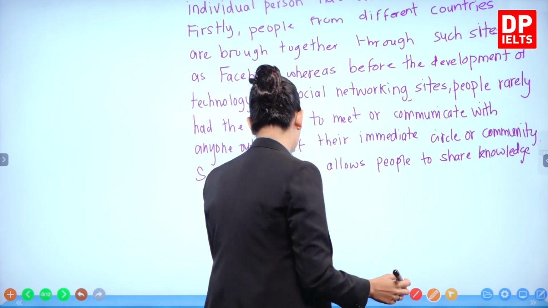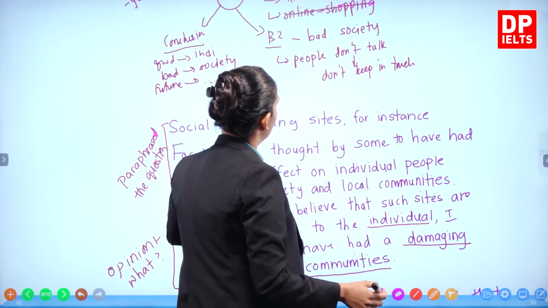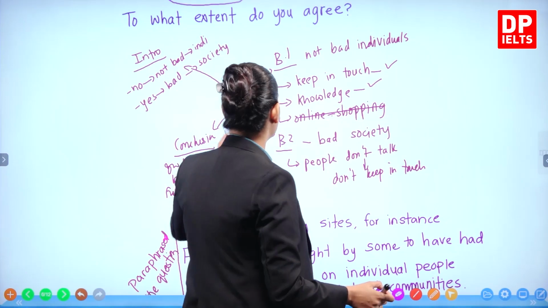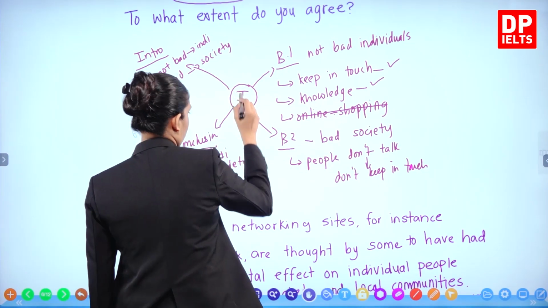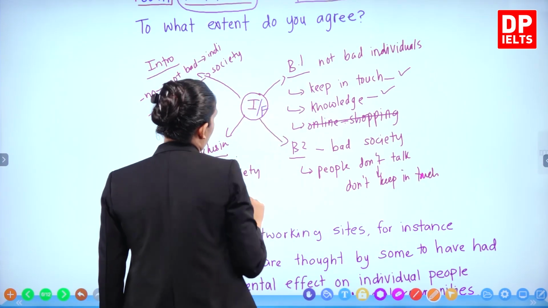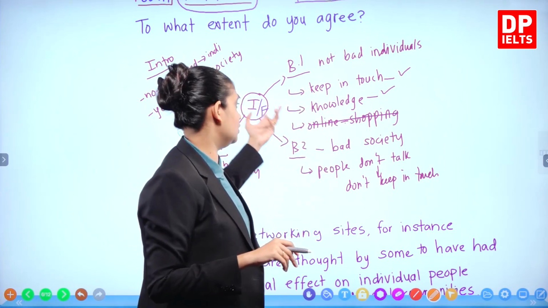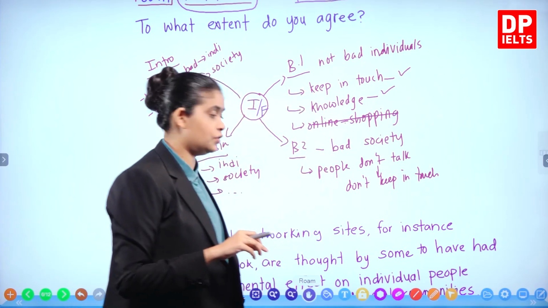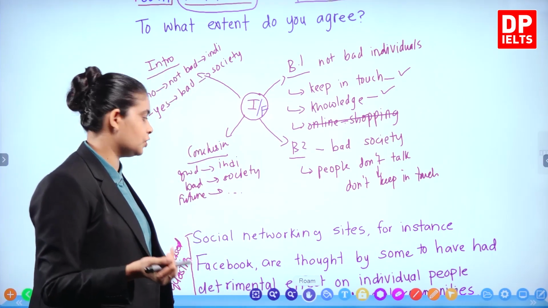Now, if you have a look at our structure, okay, so we said, I think this should be F here, not I. Inside internet we're talking about Facebook, okay. So keep in touch with people and then you can share knowledge where people, if they get to know something, they post it on FB and you can share the knowledge, okay.